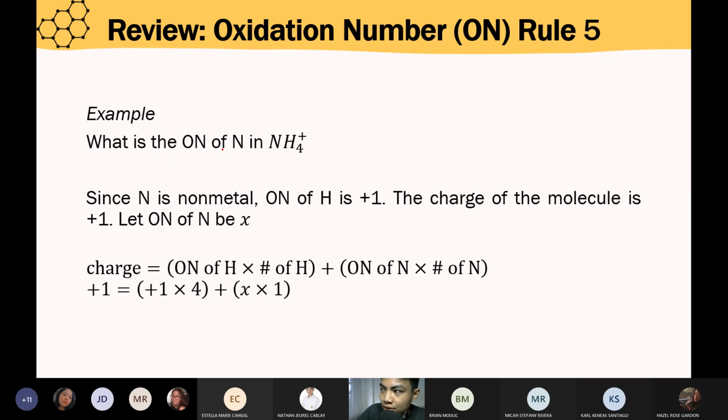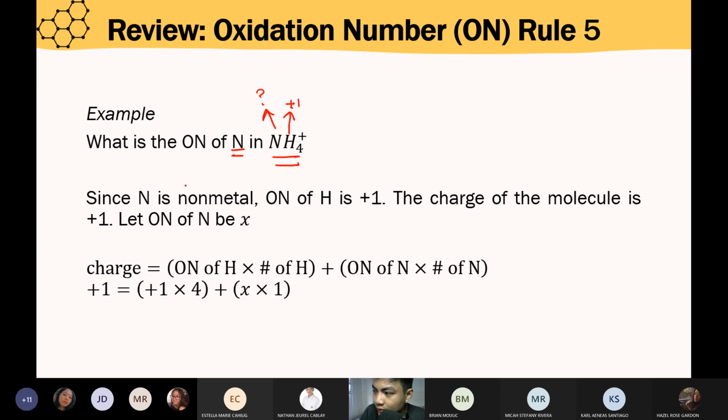What is the oxidation number of nitrogen in the ammonium ion? Let's brainstorm. What did we say? If hydrogen is bonded to a non-metal, its oxidation number is positive 1. So what could be the oxidation number of nitrogen?